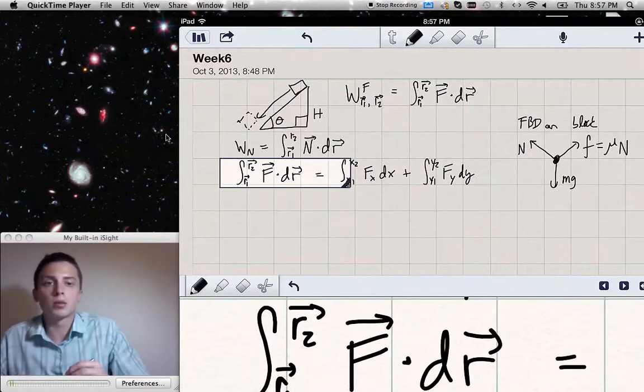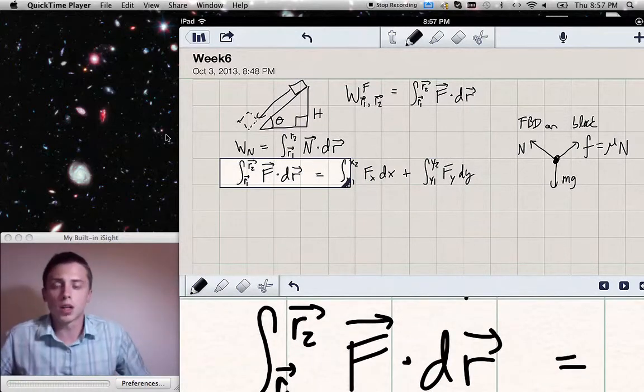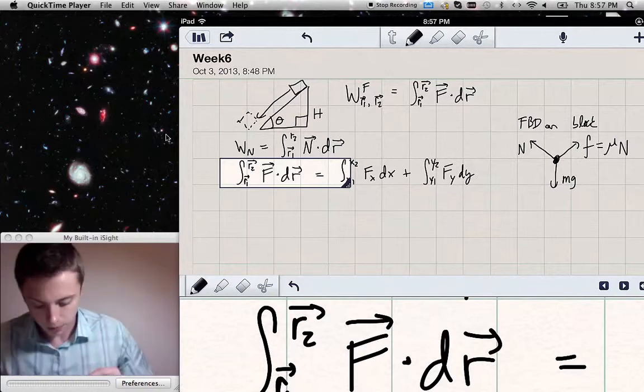The net force needs to be used when we're applying the work energy theorem. However, we're just calculating work done.